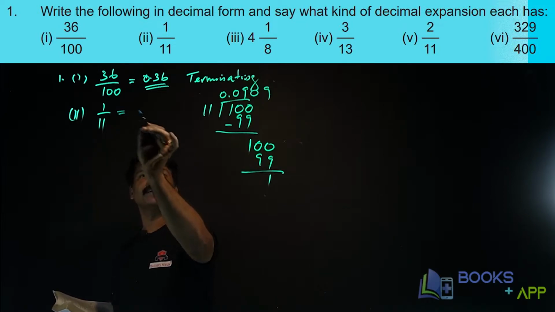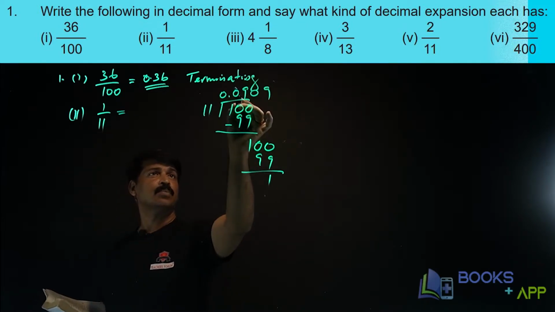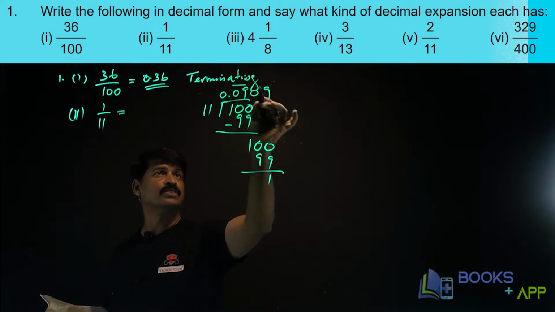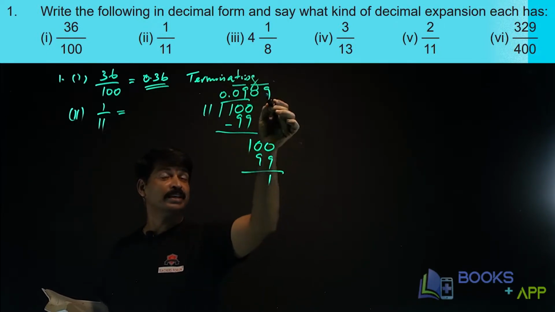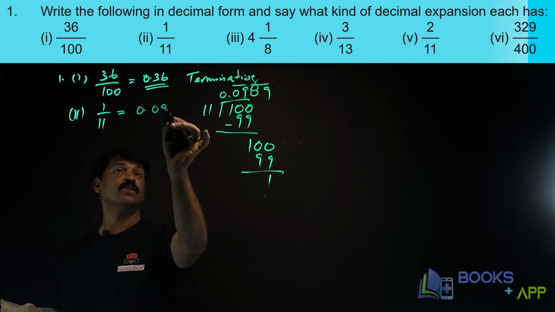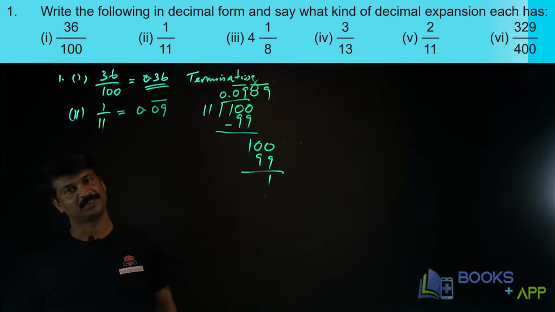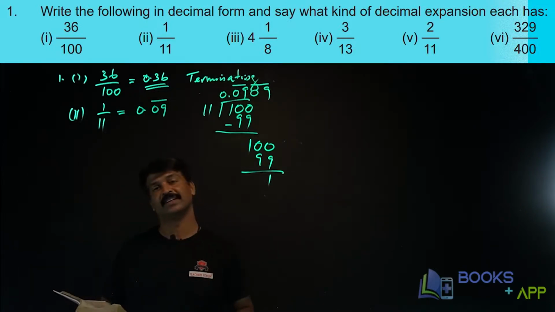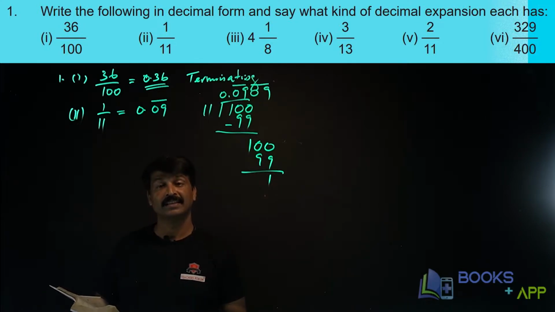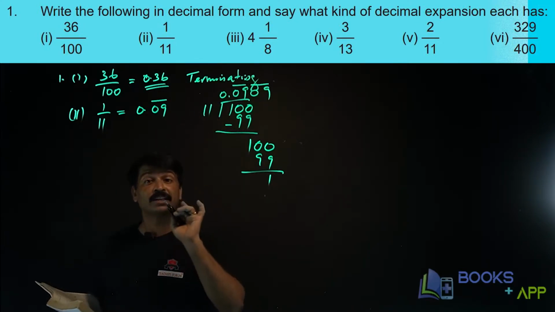So what is 1 by 11, children? It is the block 0 9 that is repeating. Here we have 0 9, again 0 9, again you will be getting 0 9. So 1 by 11 is equal to 0.09 bar. What type of decimal expansion does 1 by 11 have?